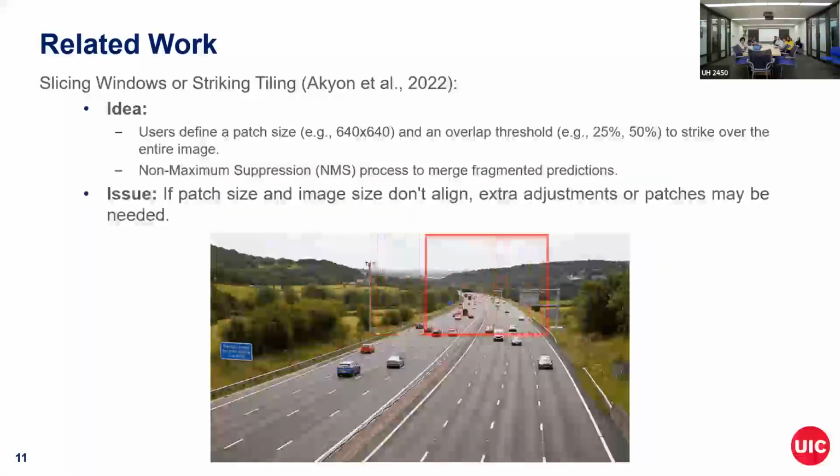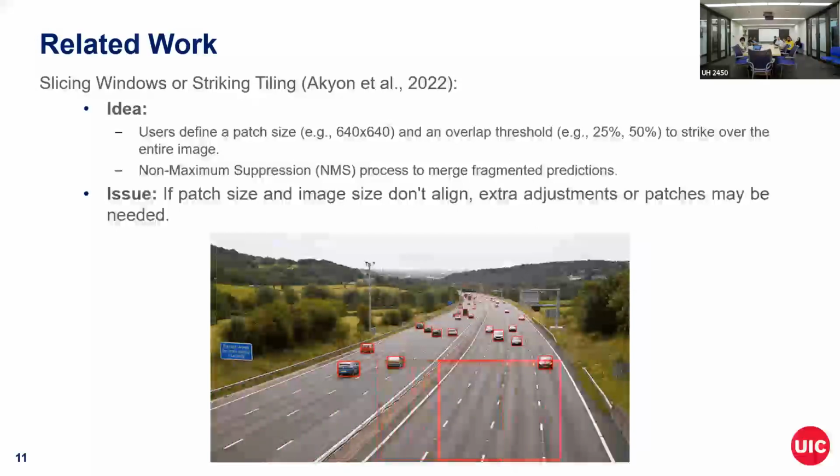And the last one is sliding window or striding tiling. This is SAHI. Instead of saying I have a 3x2 grid, they only define a patch size, for example 640 by 640, and then just stride over the entire image to get the predictions.